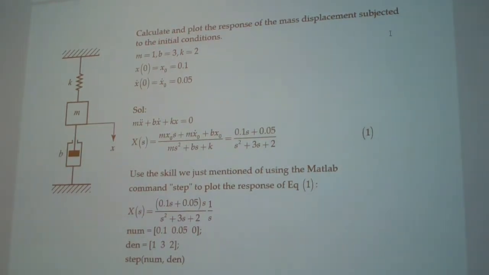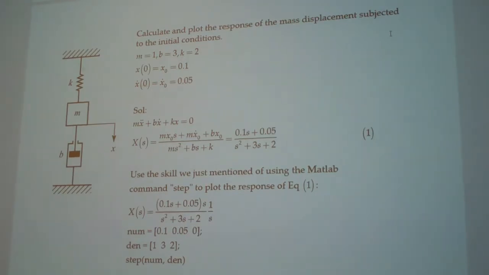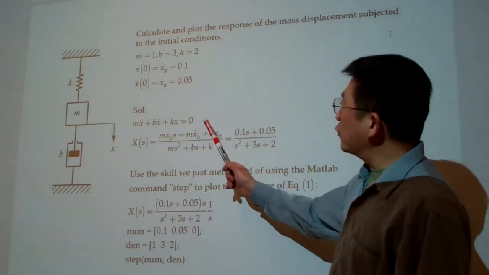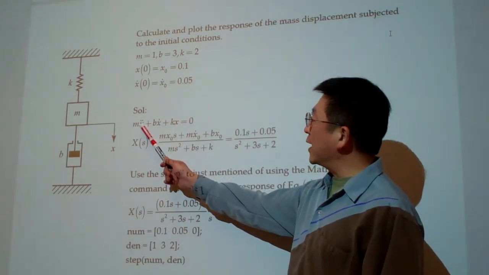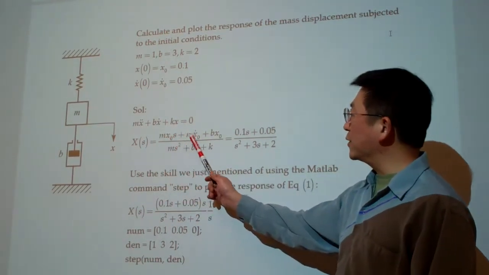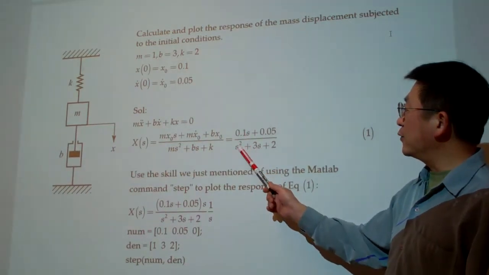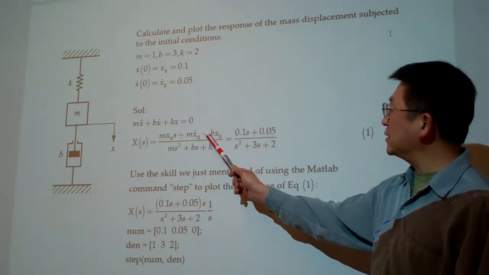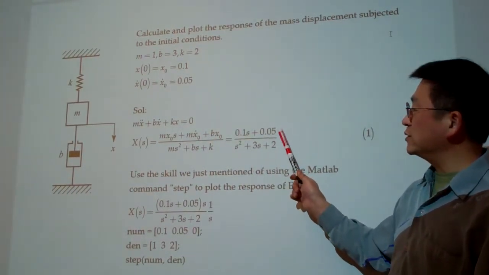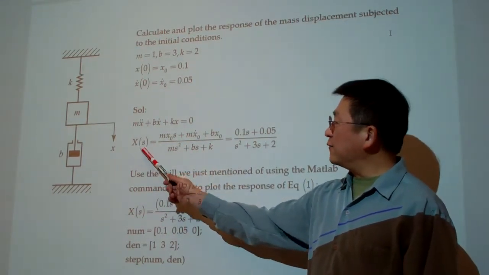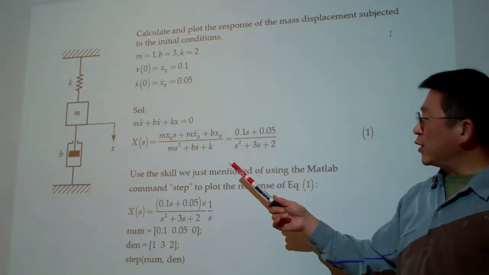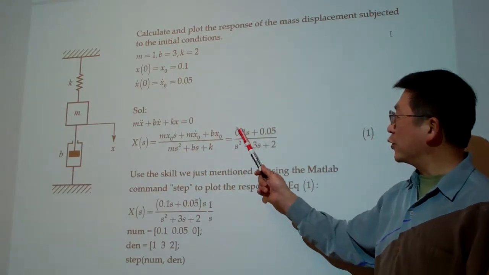This is a typical vibration problem, and let me show you how to do it. We take the Laplace transform on the individual terms, then we have this one, and we plug in the initial conditions here and here. We have this description, that is x of s. If we take the inverse Laplace transform on this one, then we would know x of t.